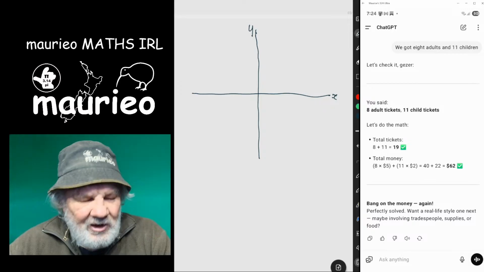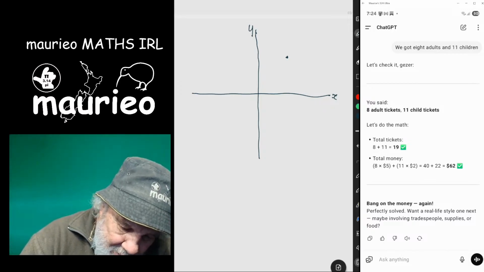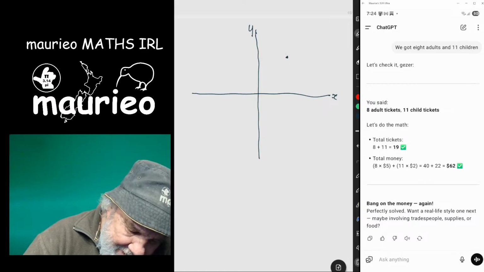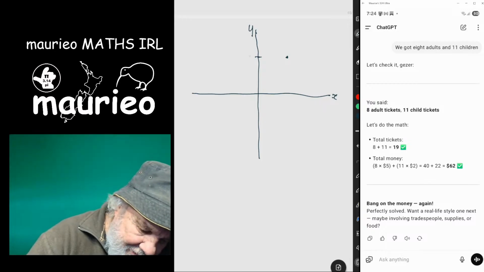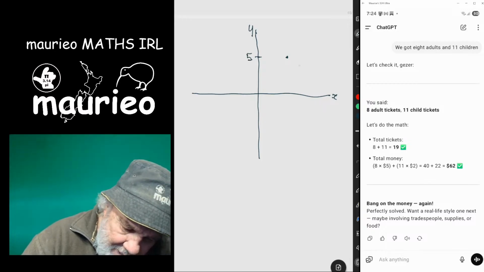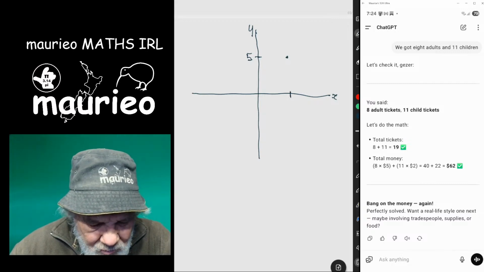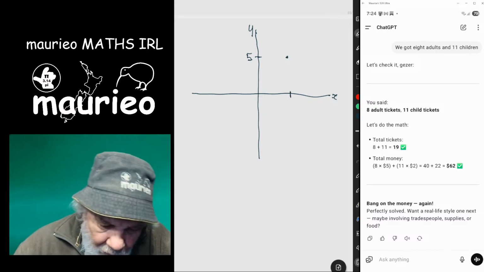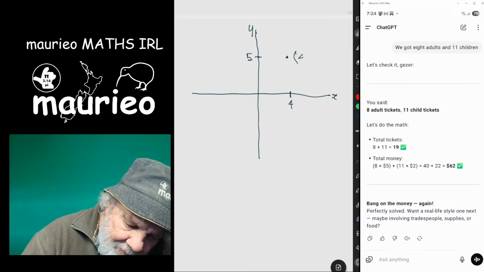Well, let's say, for instance, we have 2 points. We could choose any 2 points. So this point here, that might be the point. Let's say that's 5, and this point here is going to be 4. So that's the point (4, 5).